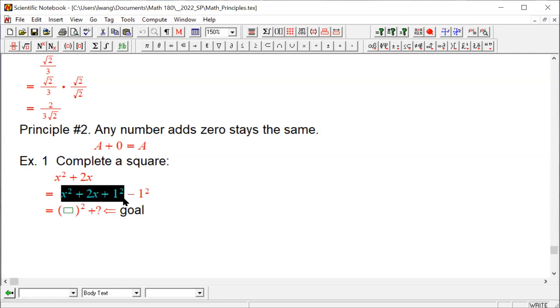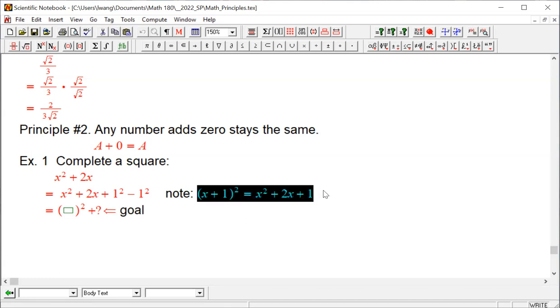But these 3 will make a perfect square, because note, when we have x plus 1 squared, that equals x squared, we FOIL this, right? Plus 2x plus 1, or 1 squared. So with this statement, we know this statement is true, right?